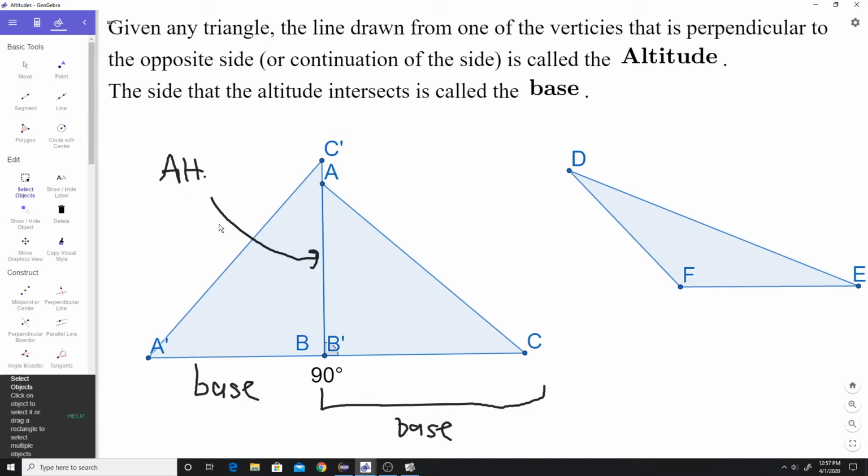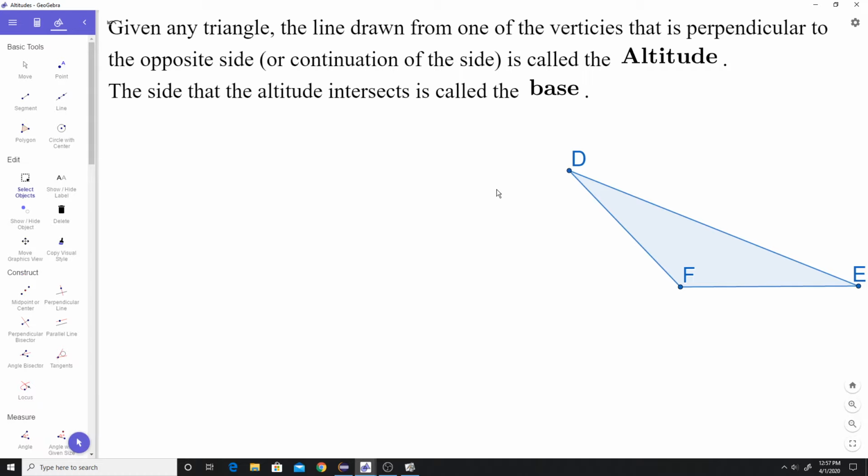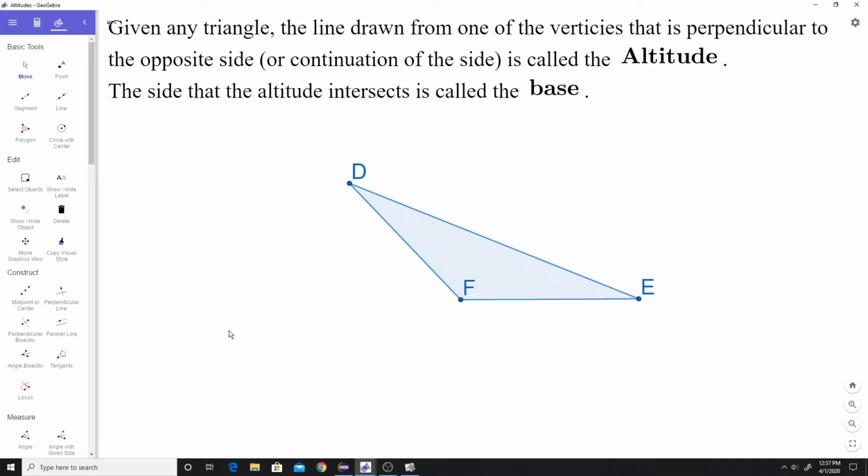So let's continue in the case of an obtuse triangle, which is the one we have right here. So, let's say I wanted to make the altitude from point D. Well, if I draw the perpendicular, it's not going to hit that side FE.